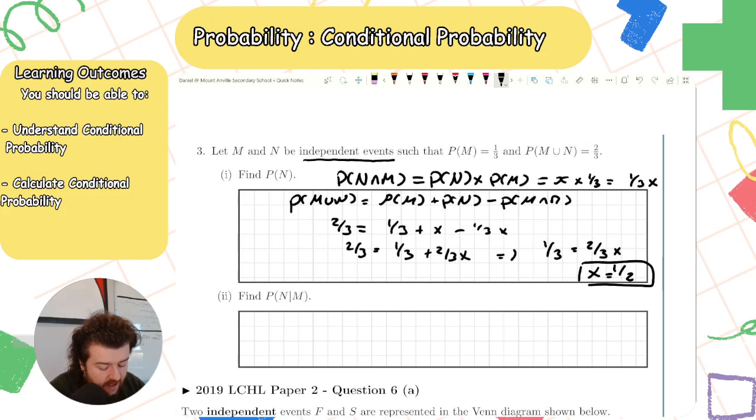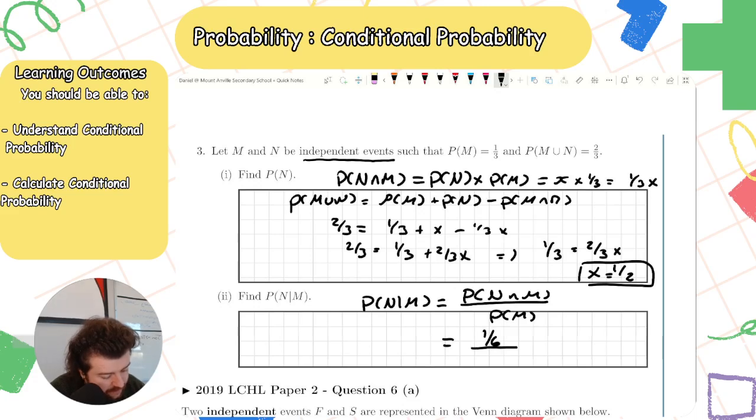And find N given M, so the probability of event N happening given M has already happened. That would be equal to probability N intersection M all over probability M. So N intersection M, that is 1/2 times 1/3, so it'd be 1/6, all over the probability of M happening, which is 1/3.